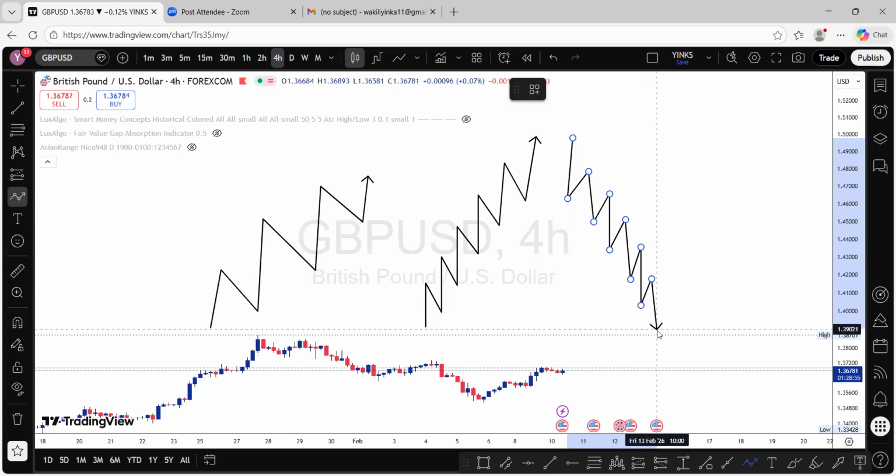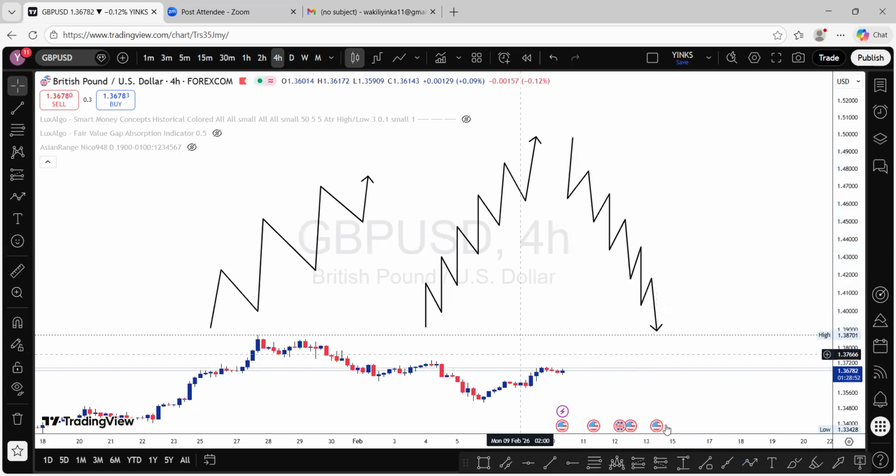When you wake up and see something like this on the chart, you can simply tell someone this is market structure. Understand what the word structure means. It will give you a clear meaning of what market structure is.